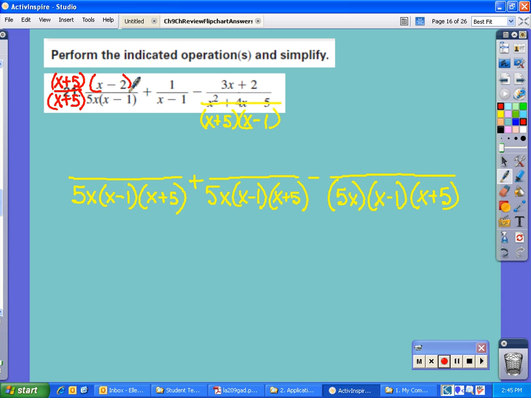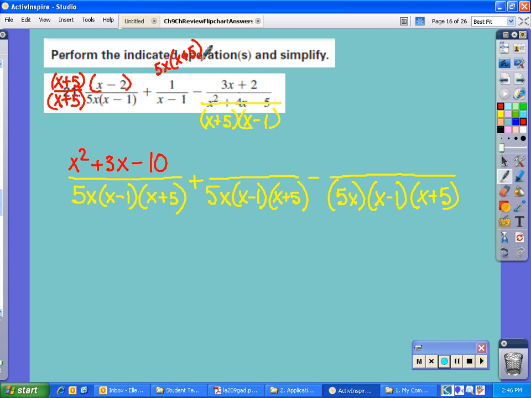In order to do that, we'll use double distribution or FOIL, and x times x is x squared. We'll get a plus 5x and a minus 2x, so that's plus 3x, and 5 times negative 2 is negative 10. In the second term, we just have the x minus 1, so we're really going to need the 5x and the x plus 5.